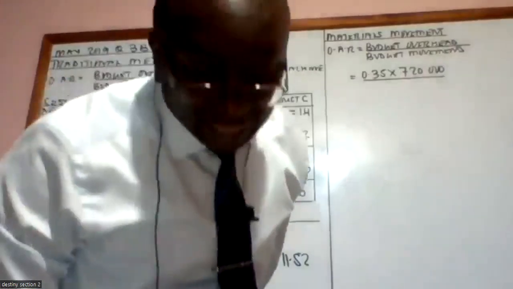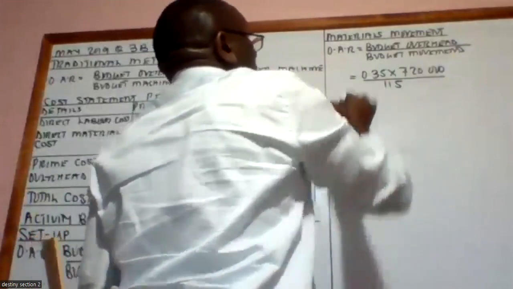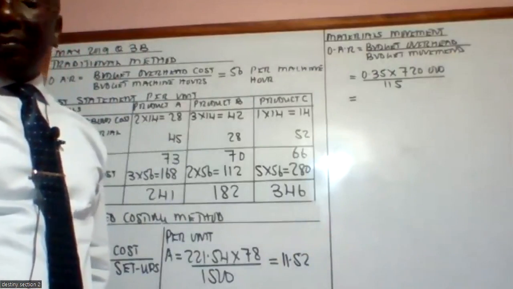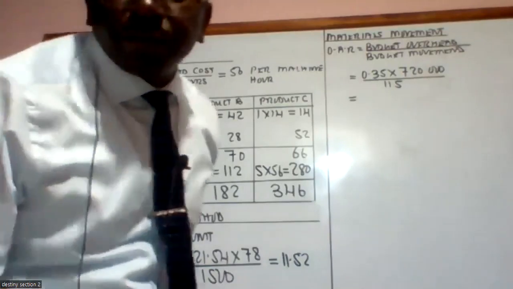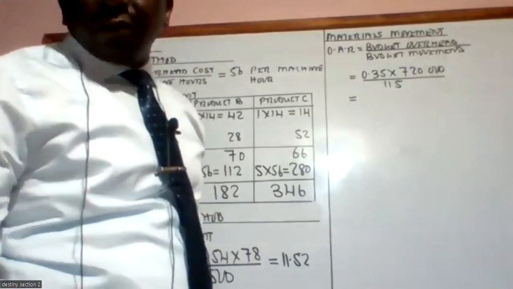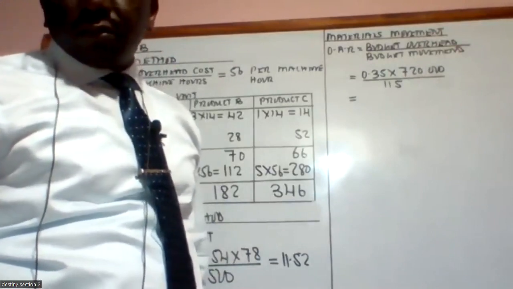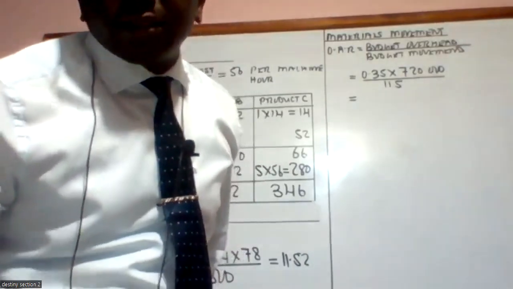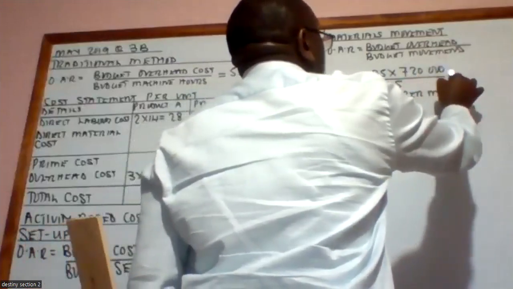You divide it by the number of movements, which in total we are told is 115. So give me that. $21.913 per movement.